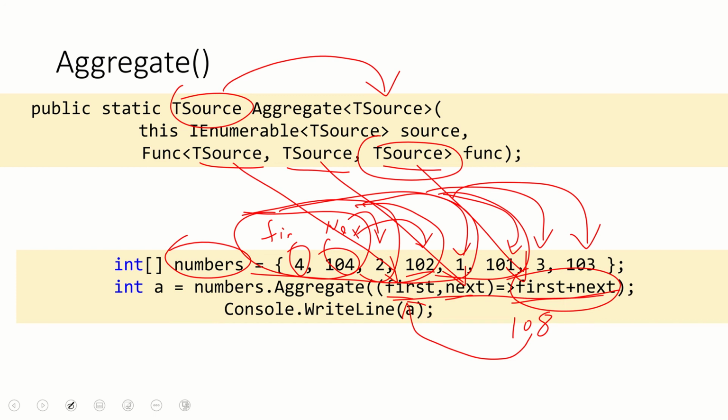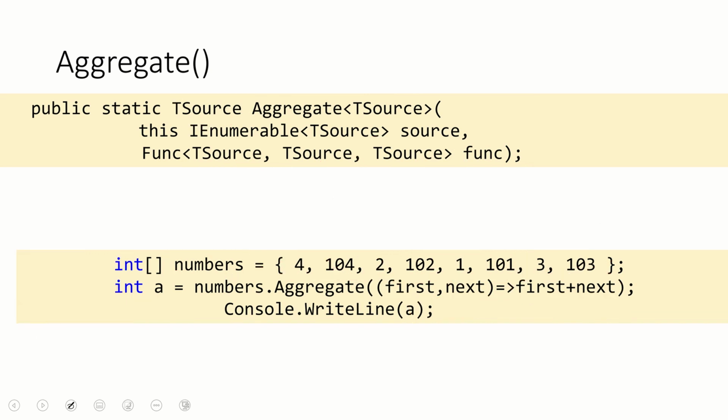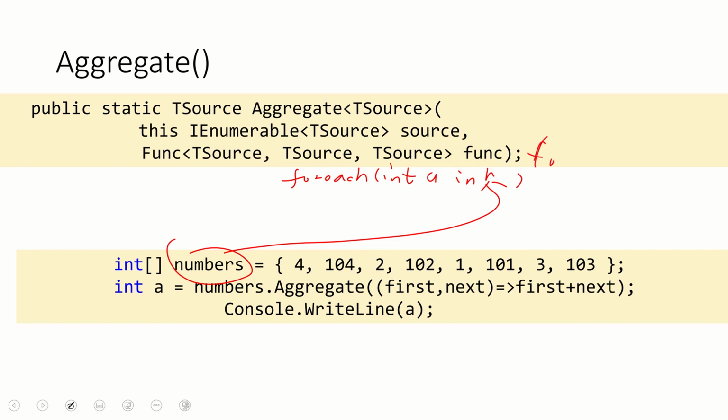So it's very similar to a method. We want to get the total value of this array, correct? So how do you write the method to get the total value? The easy way, normally we just use foreach, right? For int a in numbers. Here you have a total, and before that you set total to 0.